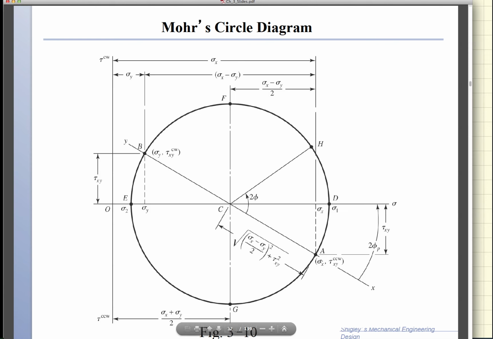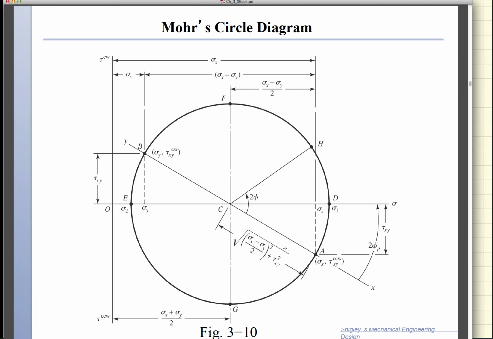This is the radius R, which is the magnitude of the hypotenuse, as we discussed. And this point A is sigma x and minus tau. Minus tau is the value of tau in the counterclockwise direction. And because counterclockwise is negative, clockwise is positive.